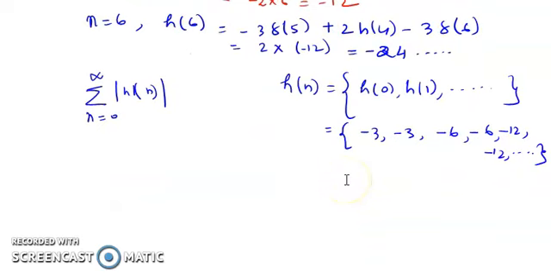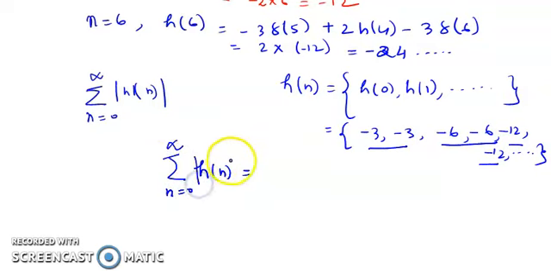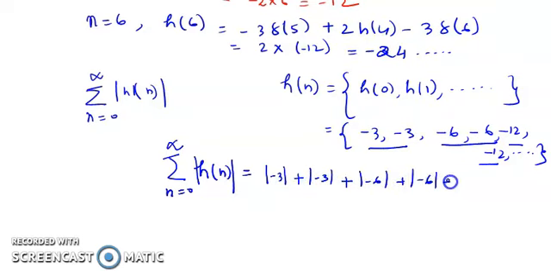Okay, so you look at this equation of hn. You see these values are common, -6, -6, -12, -12. So whenever we are finding this sum, n is equal to 0 to infinity of mod of hn, this summation will be like this: mod of -3 plus mod of -3 plus mod of -6, mod of -6 plus dot dot dot.